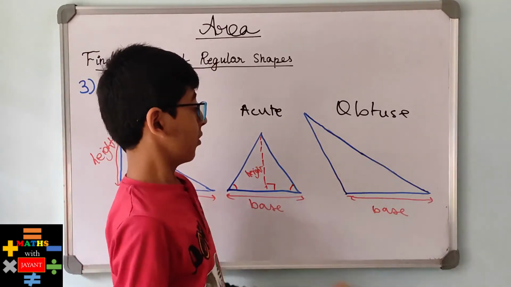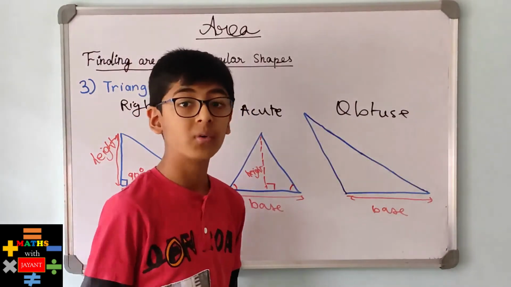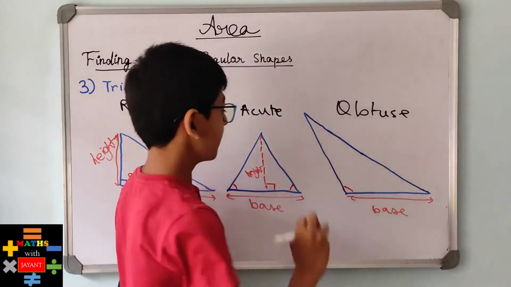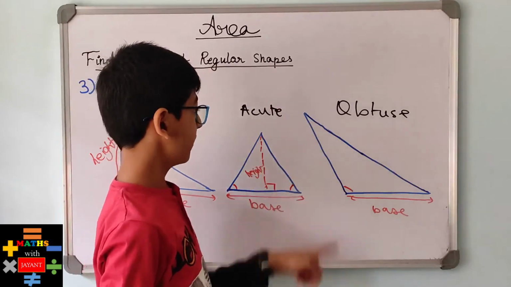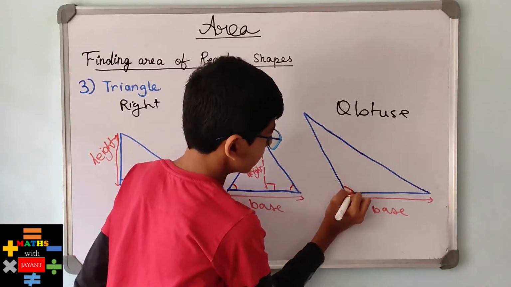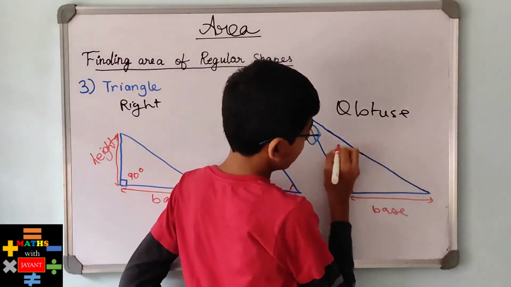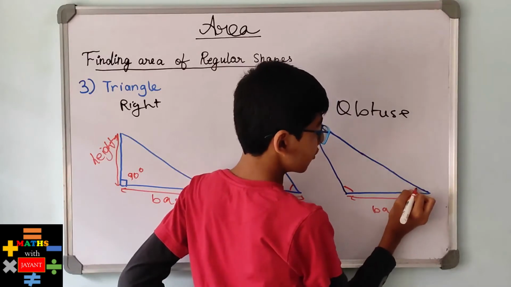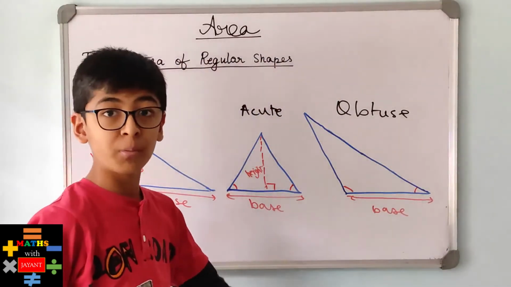What about this? Over here, can I call this line the height? No. Why? Because this is more than 90 degree angle. So this cannot be called the height because it is not perpendicular. What about this? Can this line be called the height? No. Why? Because it is not perpendicular to the base. This angle is, you can see, very small.